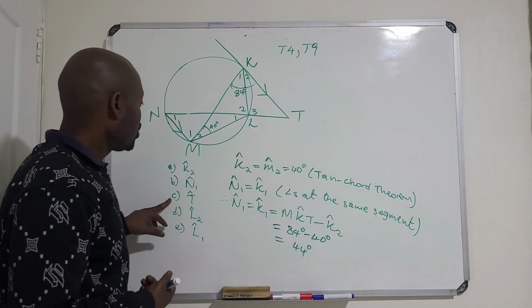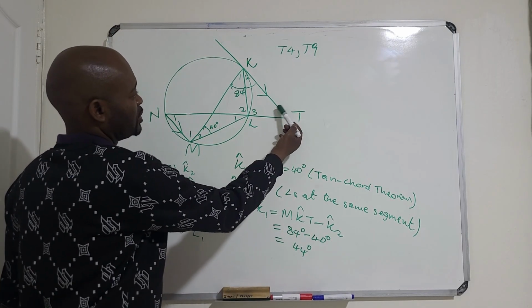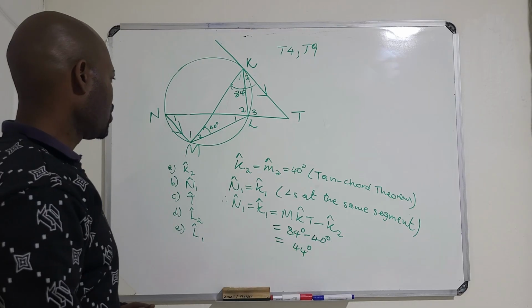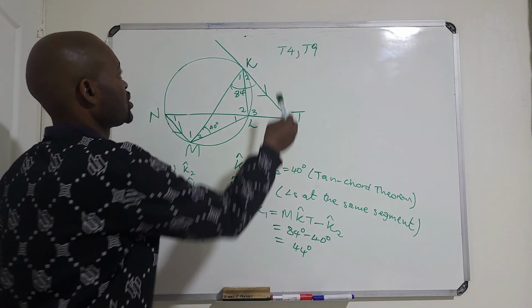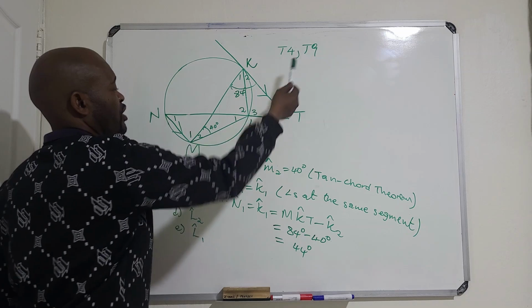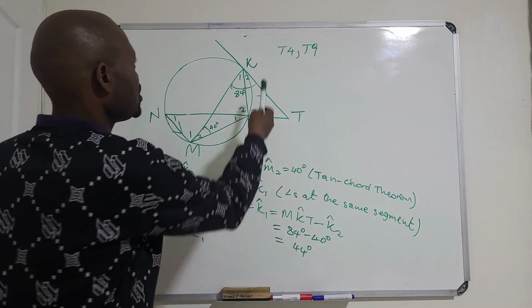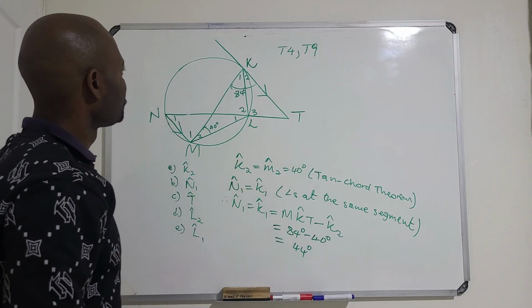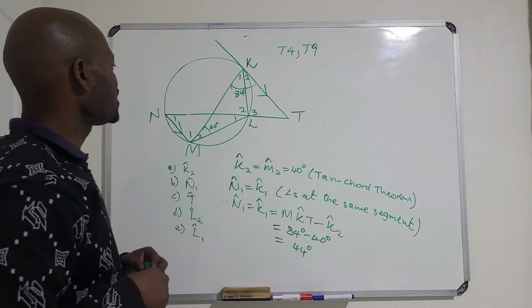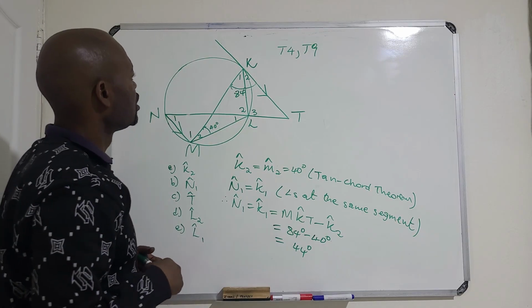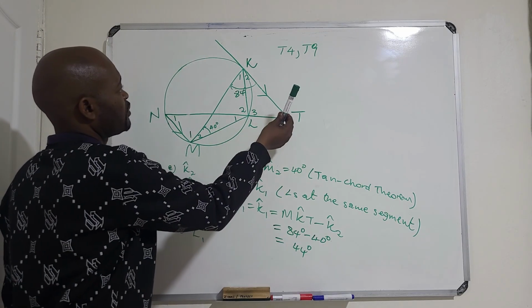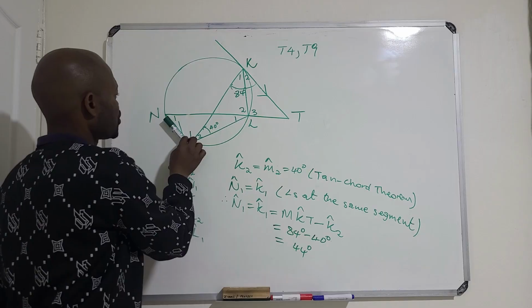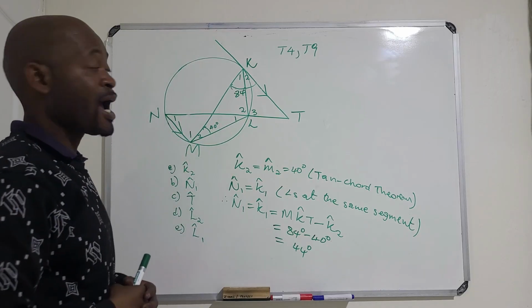Now, we are also told to find this angle, which is angle T, and knowing that we have just used theorem 4 and theorem 9, we can use theorem 4 and 9 now because angle T is outside the circle. But then we can use what we have learned in part 1, where we were told that this tangent is parallel to the chord NM.